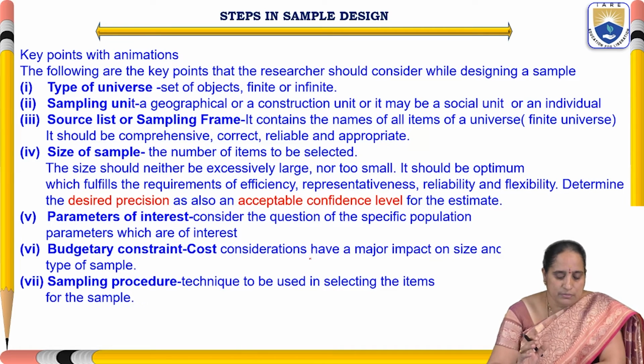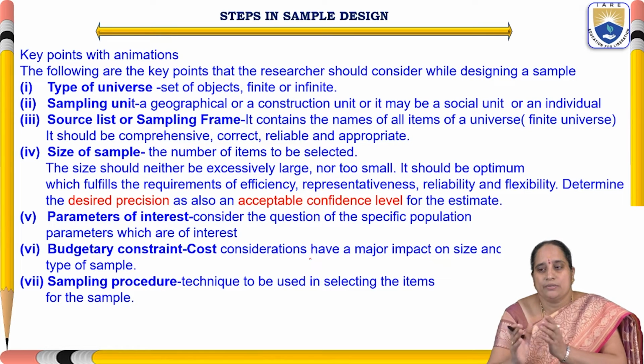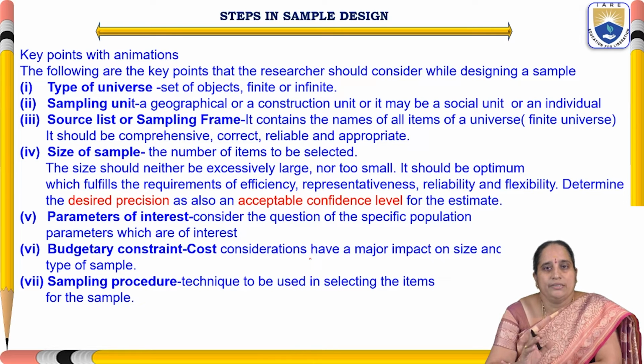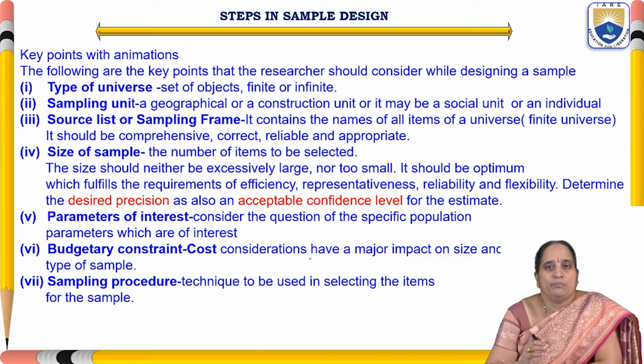The next one is the size of the sample. Size means the number of units to be selected. When you are selecting a particular sample, how many units are you going to consider under that sample? In general, the sample size should not be too large or too small. It should be optimum. What do we mean by optimum?